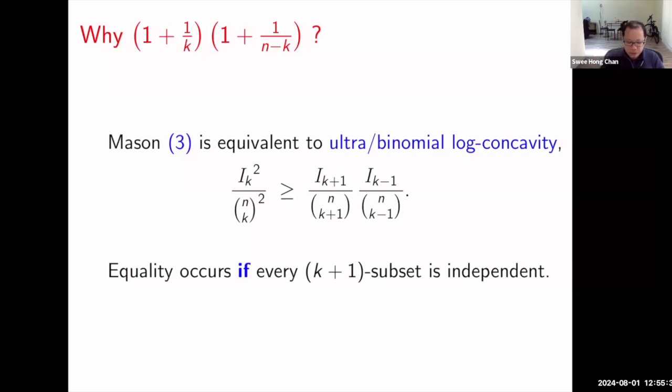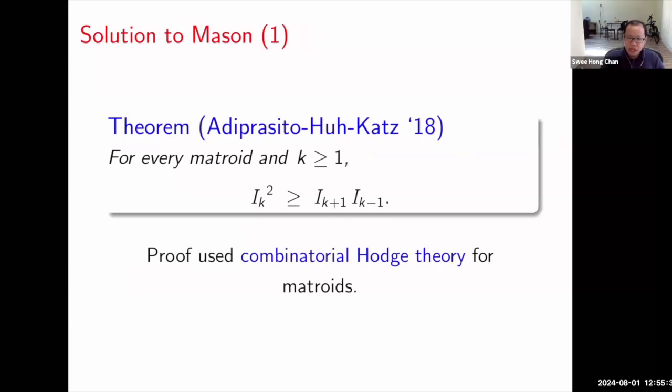This conjecture had no progress for 50 years, until it was finally solved in about 3 years. The first big breakthrough was by Adiprasito–Huh–Katz, where they proved that yes, this sequence is log-concave, and they did it by combinatorial Hodge theory.